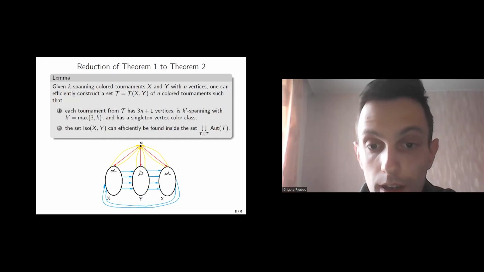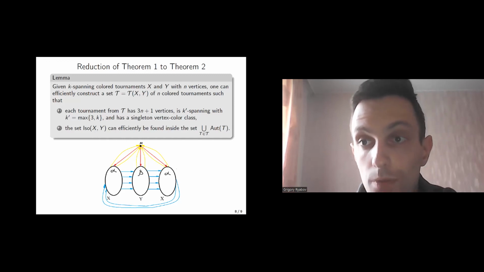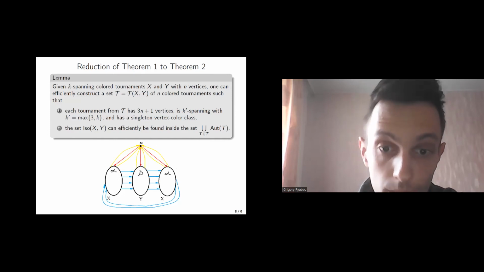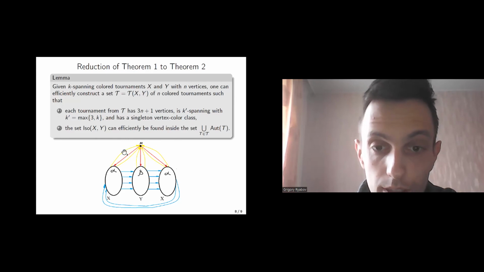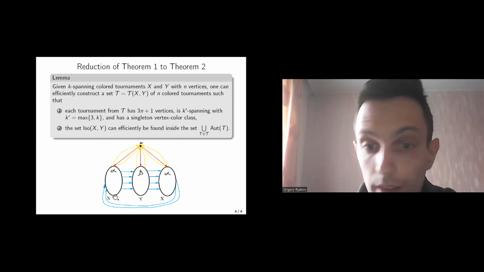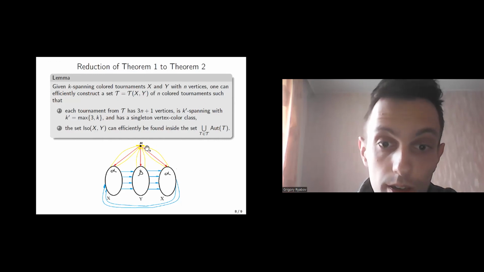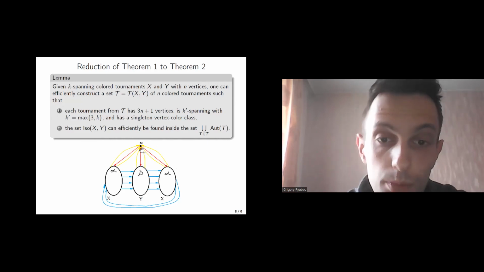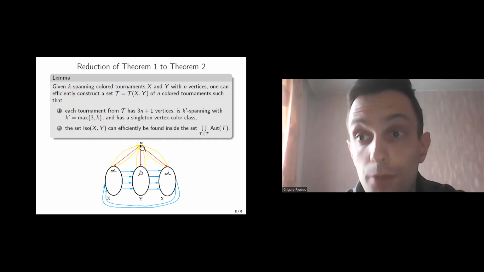And all these arcs will be of the same color. So we add 3 new arc color classes to obtain a tournament. And of course, the new vertex mu will be of a new color.